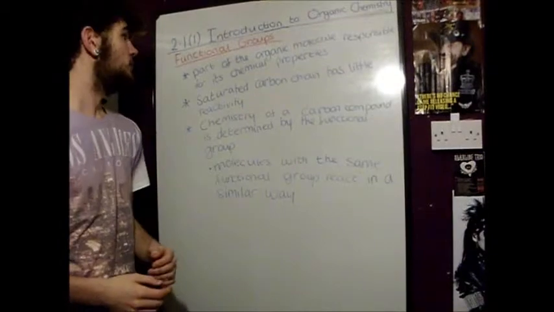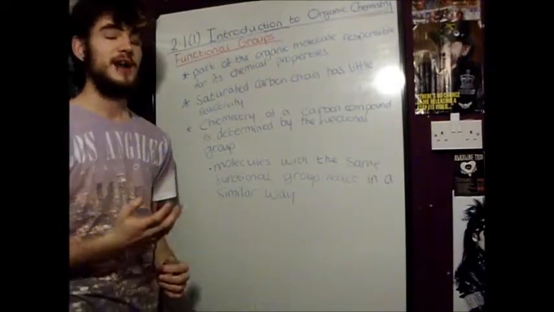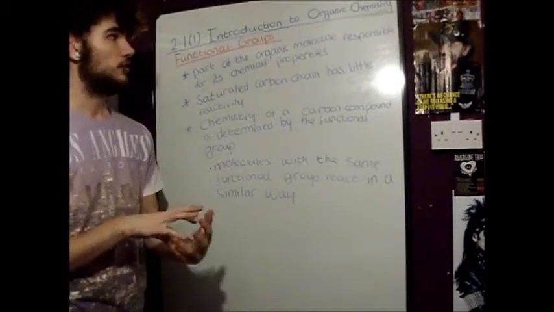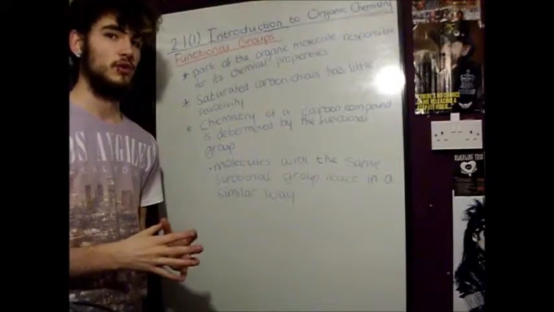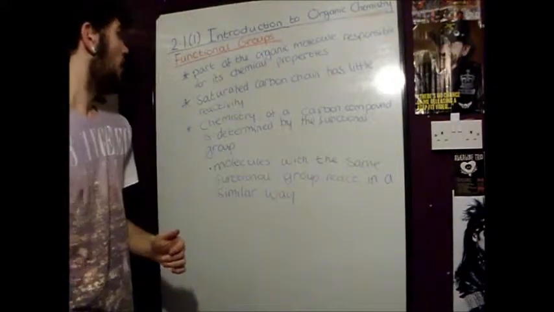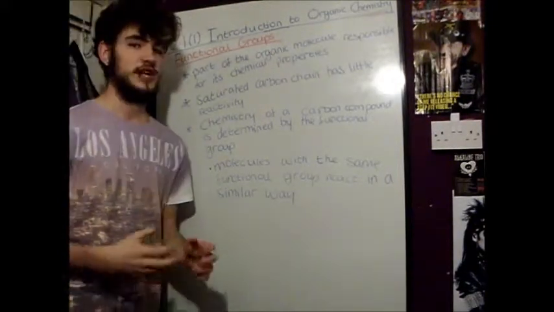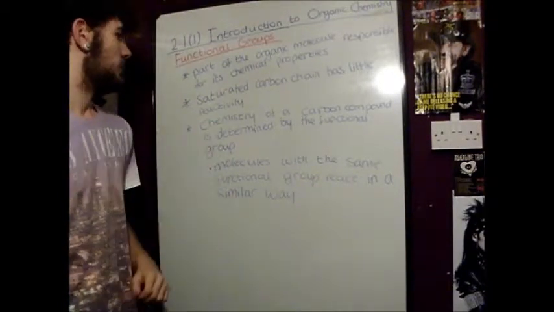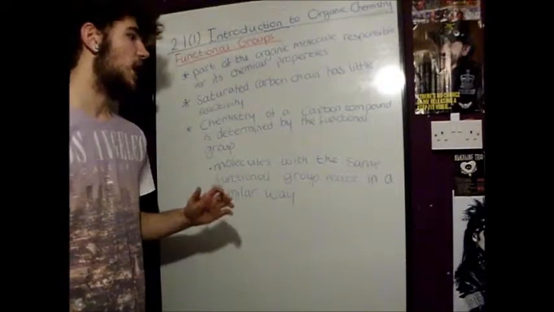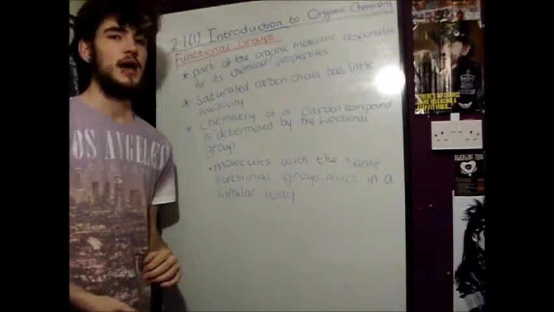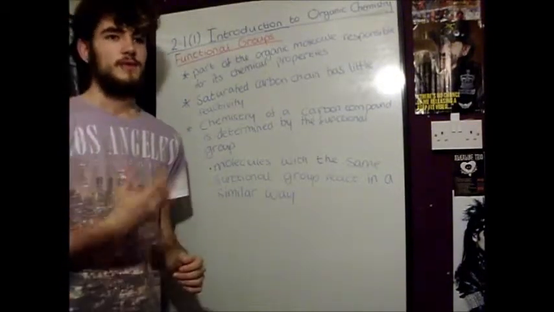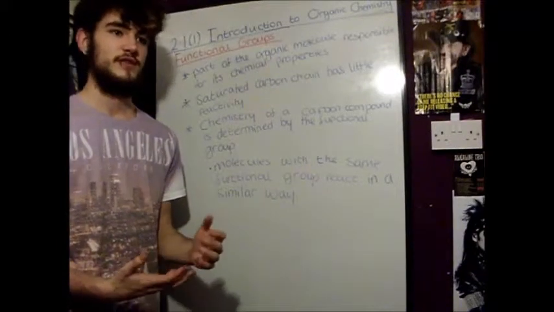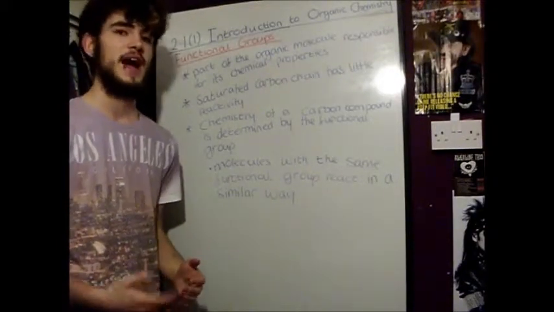We're looking at functional groups, and a functional group is a part of the organic molecule which is responsible for its chemical properties. Saturated carbon chains have little reactivity, but the chemistry of a carbon compound is determined by the functional group, and carbon compounds with the same functional group tend to react in a similar way.